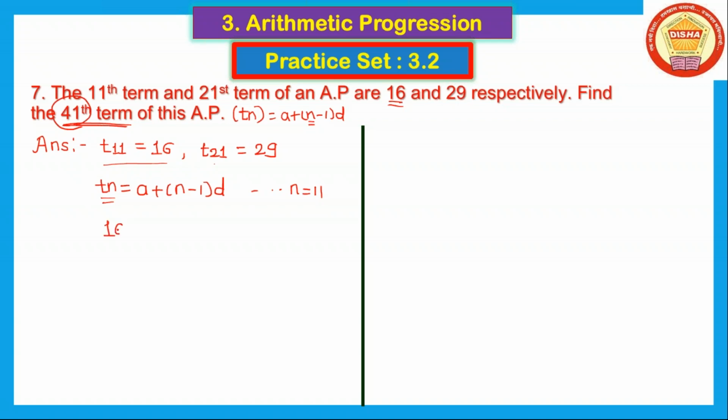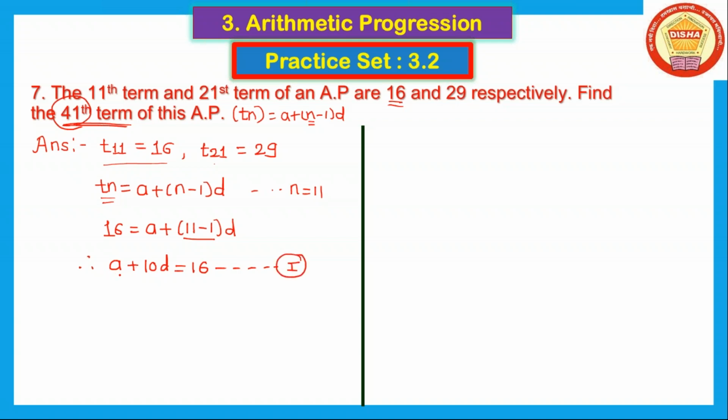So we write here 16 is equal to a plus 11 minus 1 into d, means a plus 10d is equal to 16. We consider this as equation first.